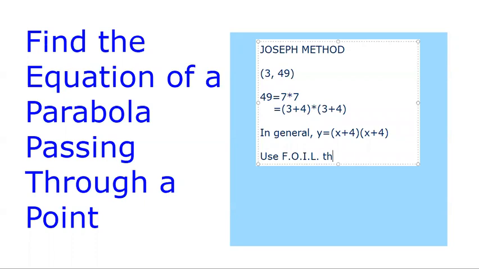So we'll have the first term, x times x, or x squared, plus the 4x on the outside and the 4x on the inside combined to give me 8x.